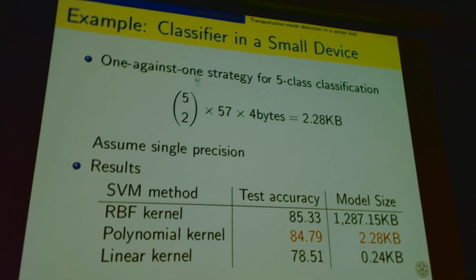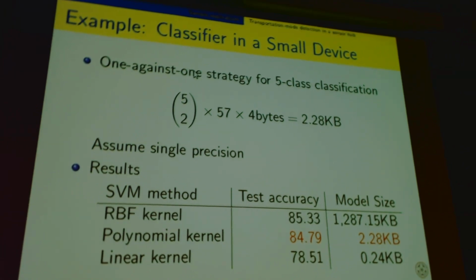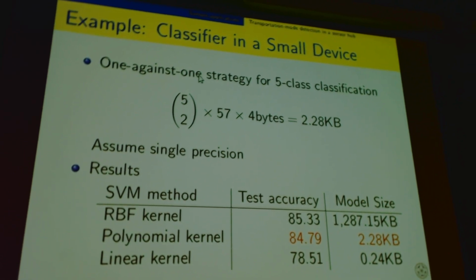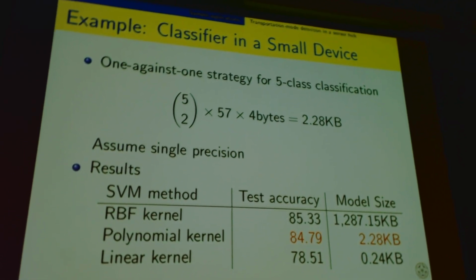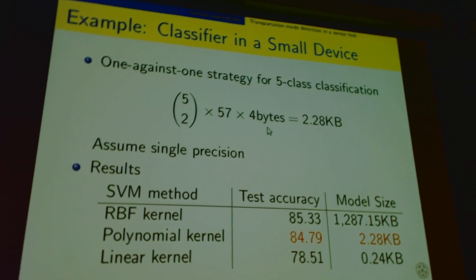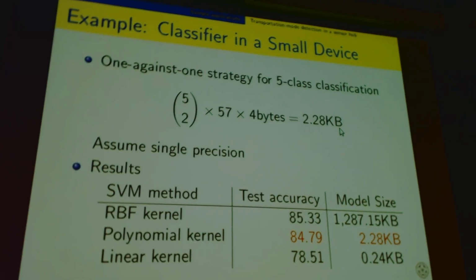This is again a multi-class problem. For this multi-class problem, we use the so-called one-against-one multi-class strategy. That means if you have 5 classes, then you do pairwise binary classification, so you need 5 choose 2. You have 10 models. Then 10 models times 57, and if we use single precision, then the model size is less than 3 KB.